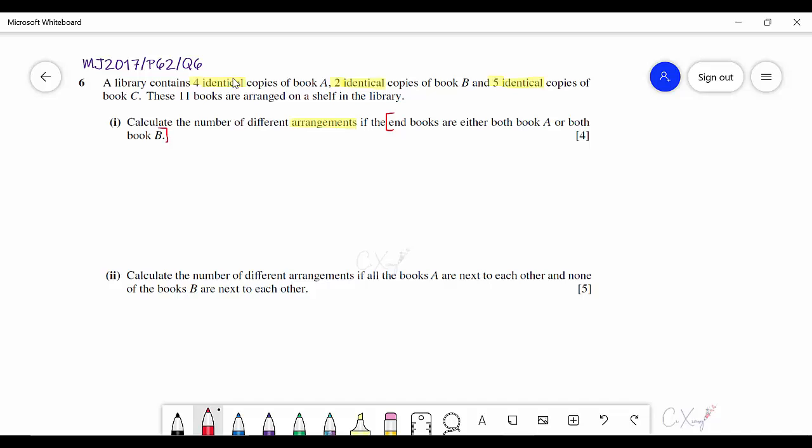So what does it mean? That means that out of the 11 books, when you arrange them, you can have the end books being A and A, with 11 books in total. So these are 2 books already, then 2, 3, 4, 5, 6, 7, 8, 9, 10, 11. So this is case number 1.